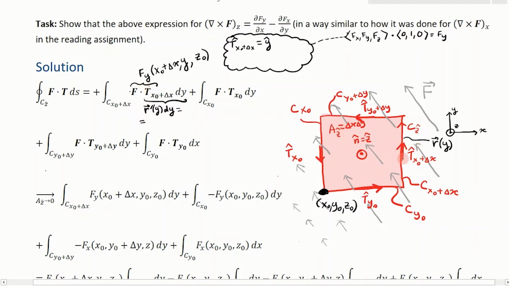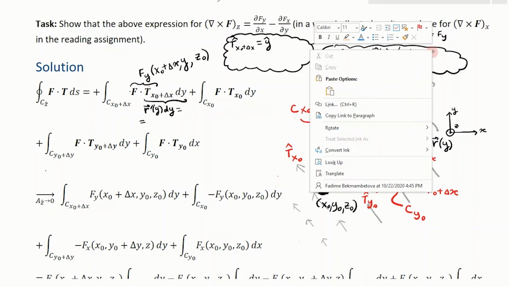what? Well, the position vector on this part of the contour, on c x naught plus delta x, as a function of y is given by x naught plus delta x, y, and then z naught.